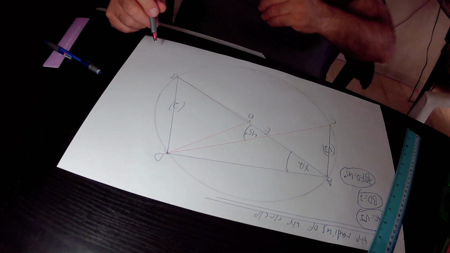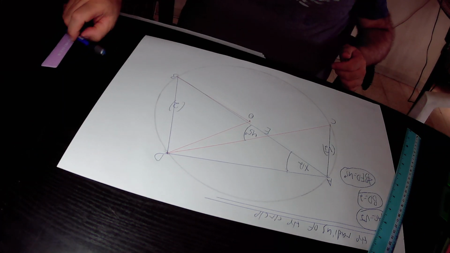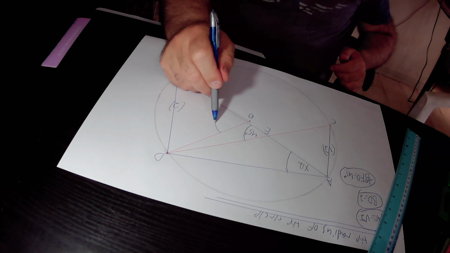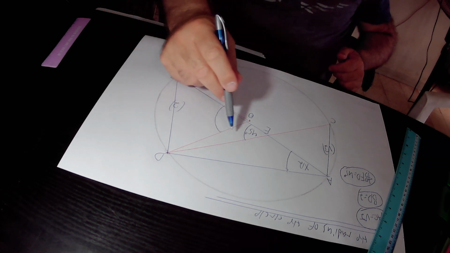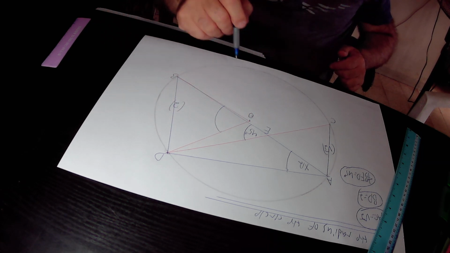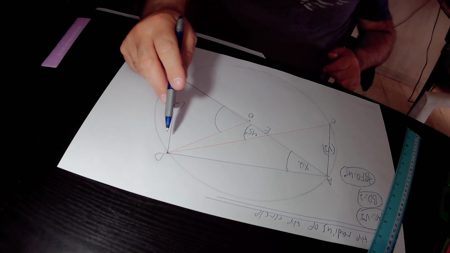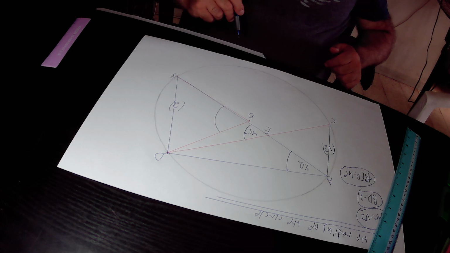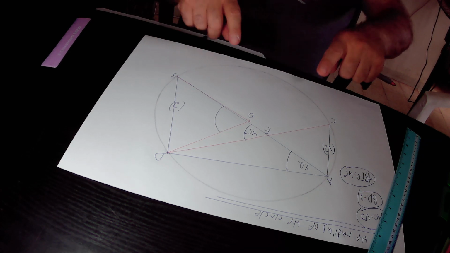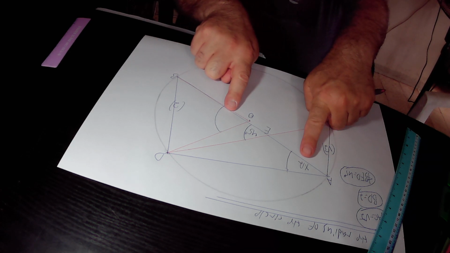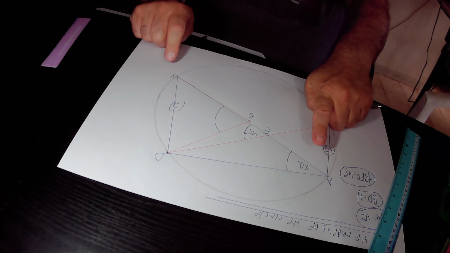By doing this construction, we can deduce central angle DOB. This is central angle DOB, and this central angle DOB is subtended on chord DB. So both those two angles subtend on the same chord called DB.